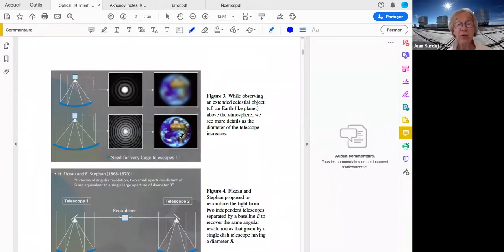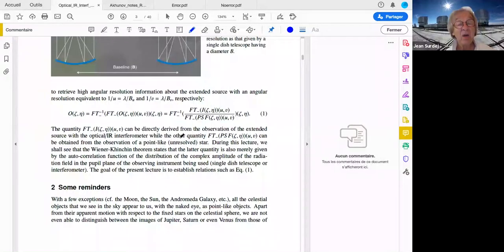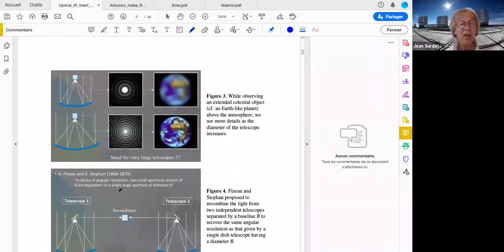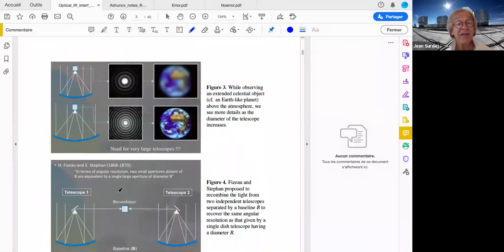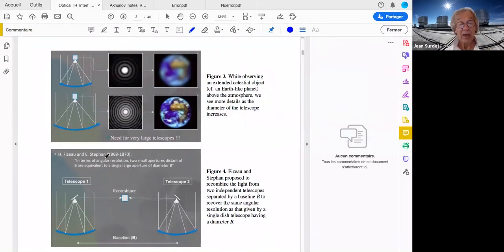You heard about the TMT project, ELT, etc. So there is a limitation, but fortunately, already at the end of the 19th century, Fizeau and Stefan had the following idea.